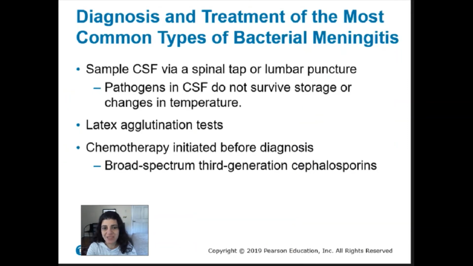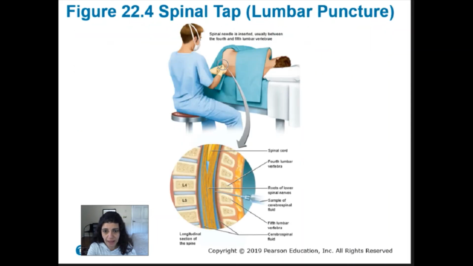So, a little bit about diagnosis. If you have a suspicion of meningitis due to that triad of symptoms, you usually do a spinal tap. It's a lumbar puncture, which consists of injecting a needle close to the cauda equina roots, but not in it, around it, to remove the fluid from the subarachnoid space.